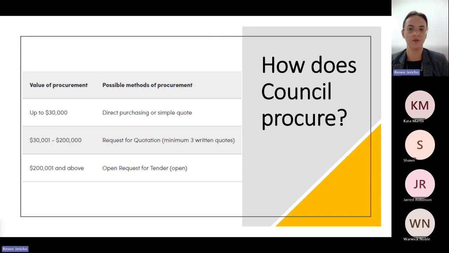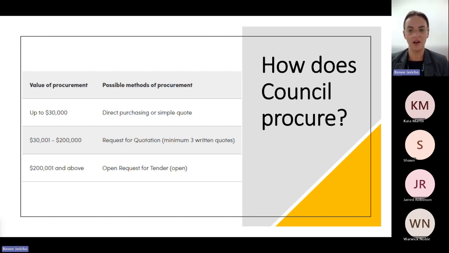The way council approaches the market will depend on factors including what we are buying, what the supply market is like, the objectives of the procurement, and the dollar value. As a general guideline, for low value, low risk and infrequent purchases, council can go direct to a single supplier up to the value of $30,000.